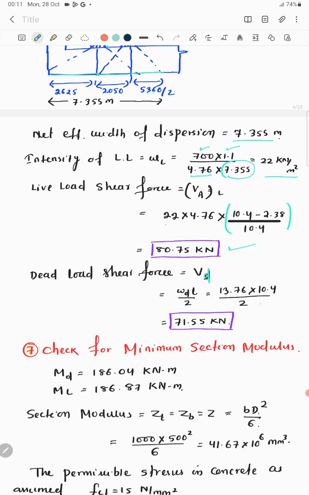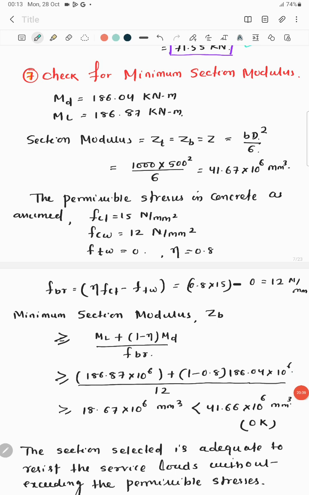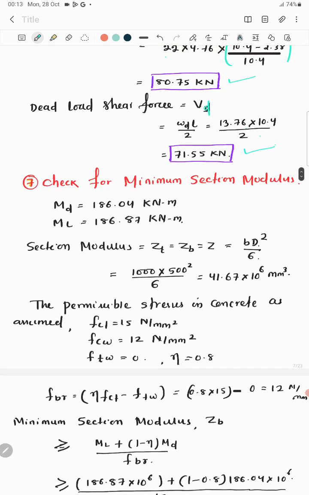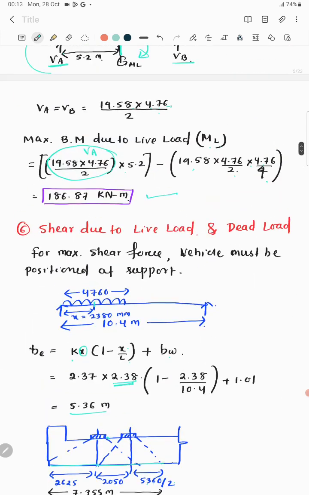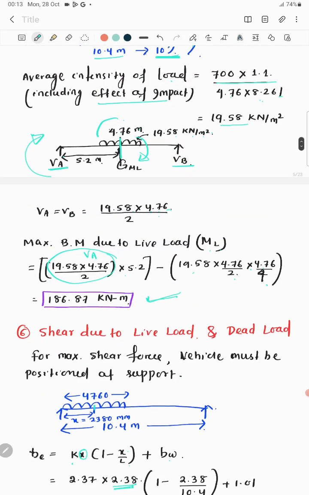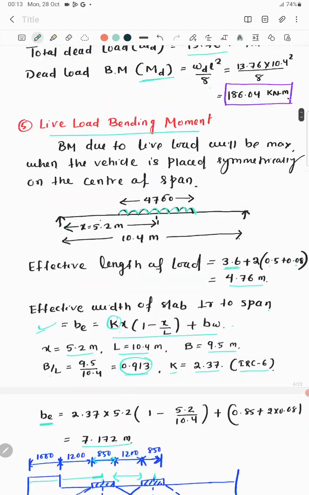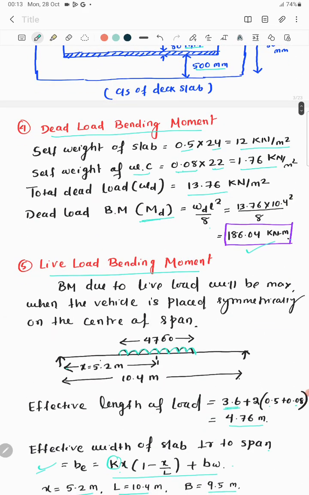The dead load is already calculated, 13.76 into 10.4 by 2, that is 71.55 kilonewton. So now we have calculated the shear force due to live load, shear force due to dead load, then maximum bending moment due to live load, then maximum bending moment due to dead load.